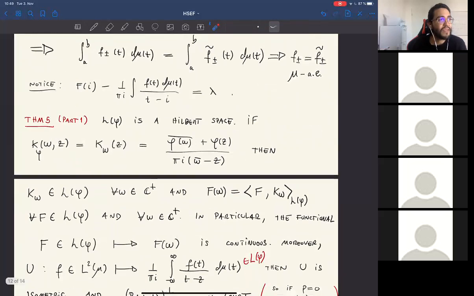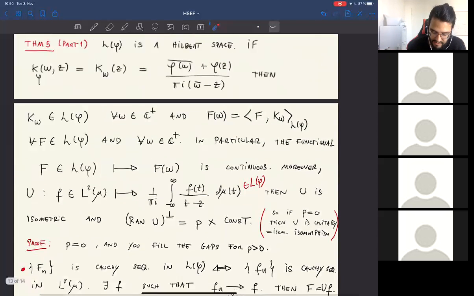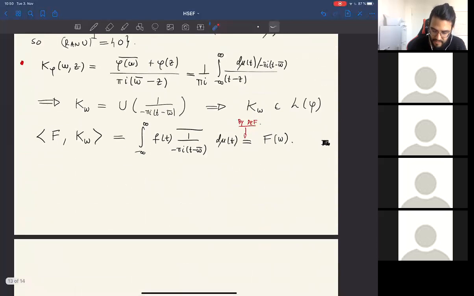Imagine you have L2 of the line and a certain basis, and you make an isometry between L2 of the line and the space of little L2 sequences, where you map the coefficients in the expansion of the functions in L2 of the line to the sequence of the coefficients. It's the same thing.